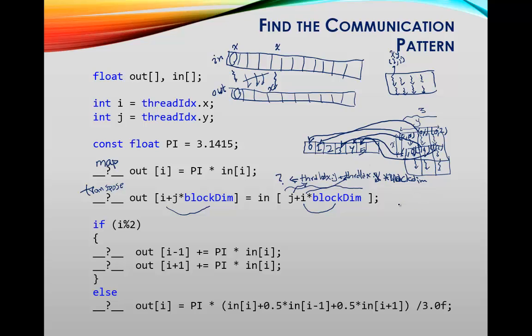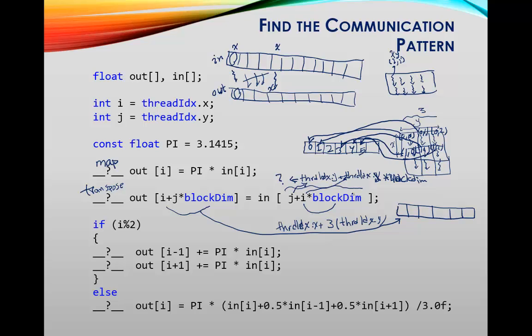How about the output side of things? What does my output side look like? It's going to look like threadIdx.y times block dimension plus threadIdx.x, right? So this index is going to be threadIdx.x plus, in my case, 3 times threadIdx.y. Let's see how that's going to look.